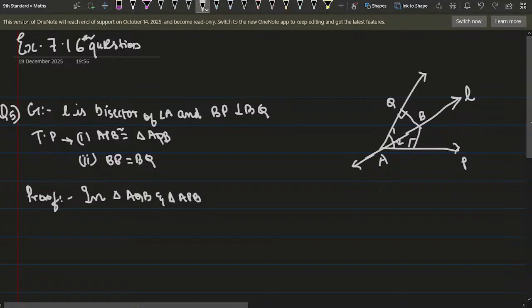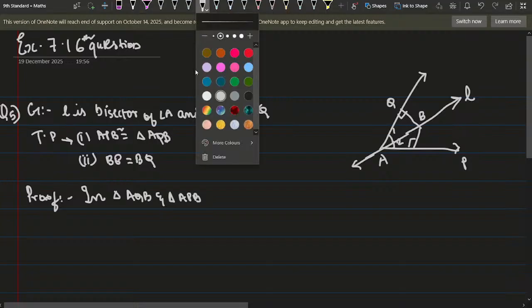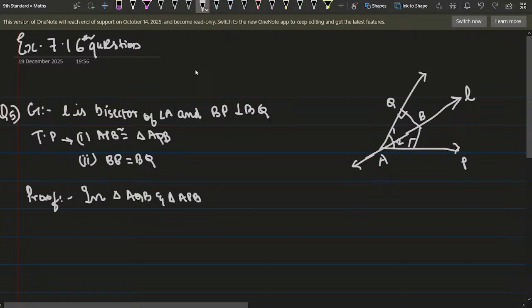Also, angle Q equal to angle P. This is angle, this is Q, this is P. Oh, I drew P here. Sorry.